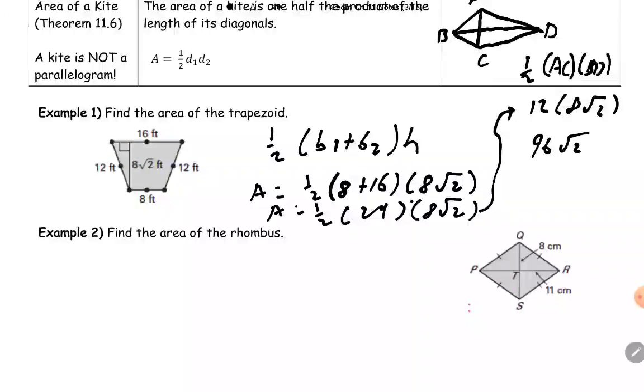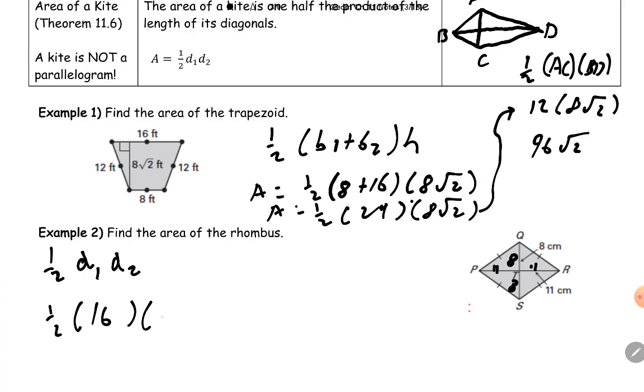Alright, area of a rhombus. So 1/2 diagonal 1 times diagonal 2. They say that this piece is 8, that means this piece is 8. If this piece is 11, then that piece is 11. So 1/2 of diagonal 1, which would be 8 plus 8, which is 16.